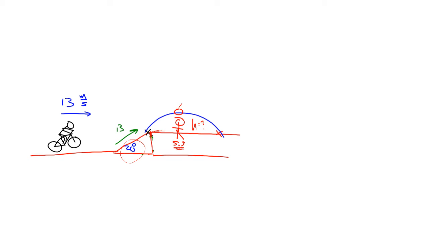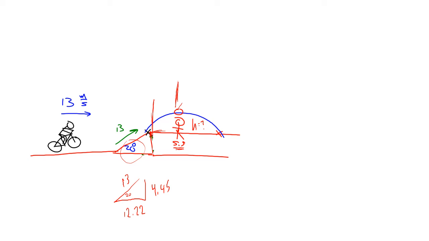Okay, so the first thing we should have done is we need to break apart your 13 meters per second into its two components. Okay, so 4.45 and 12.22. Those are both meters per second, right? So what we need to do now is figure out the time it takes to go from here to here, right?